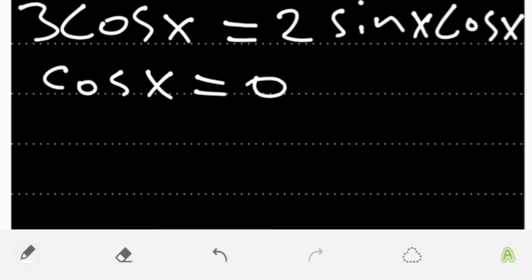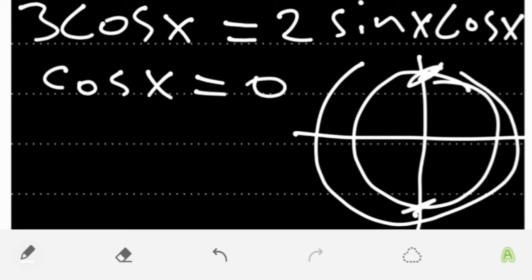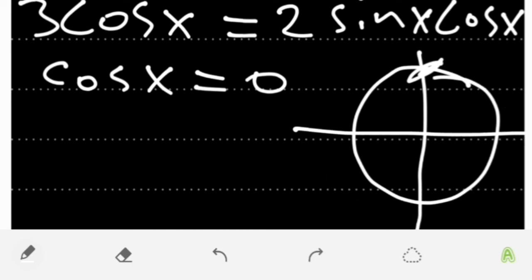Now, when does cosine of x equal 0? So remember, the cosine is equal to 0 in this point over here and here, right? And it doesn't matter how many times you loop it. Whenever you are in this point or in this point, you are at 0. So this point, when is it?